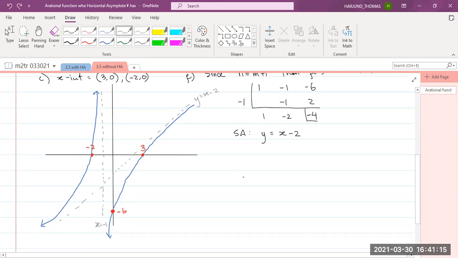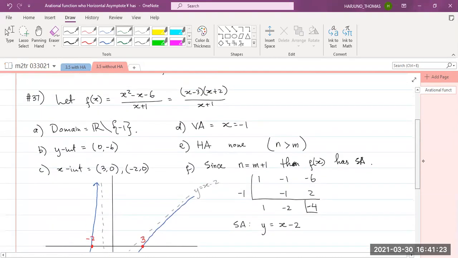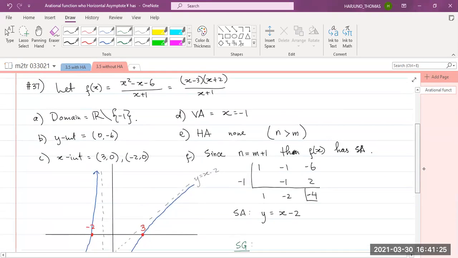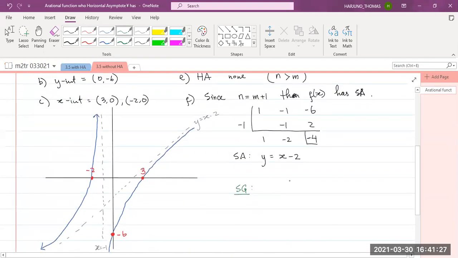Sine graph on f(x): the critical numbers are -1, -2, and 3. Zero here, zero here, undefined here.